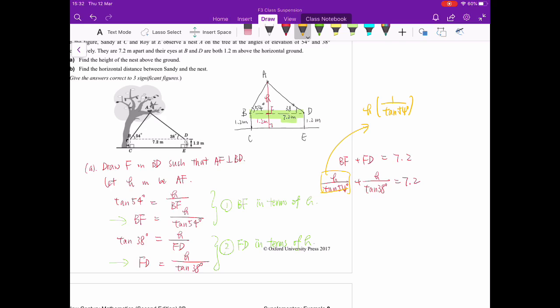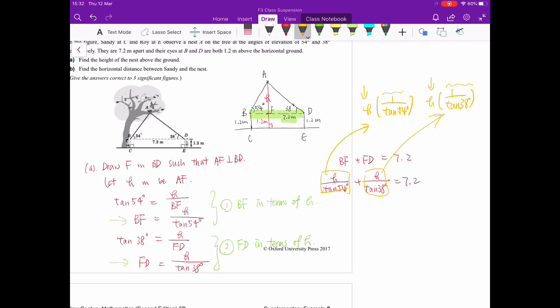The other one, you can also treat it as H times 1 over tangent 48 degree. In these two expressions, H is the unknown, and the remaining part is a known value. You can calculate the value by the calculator.